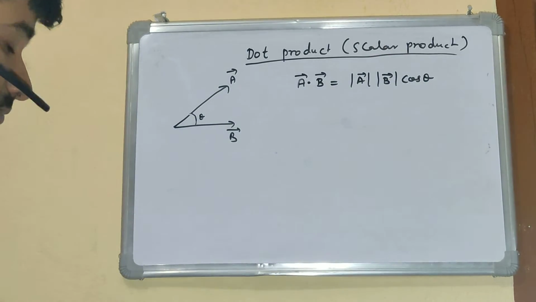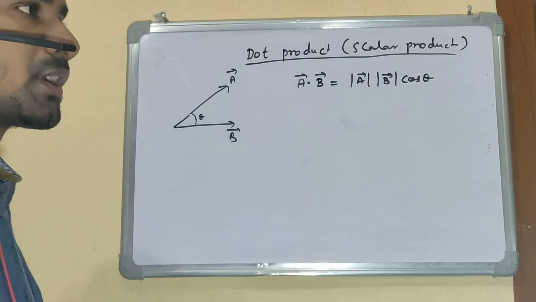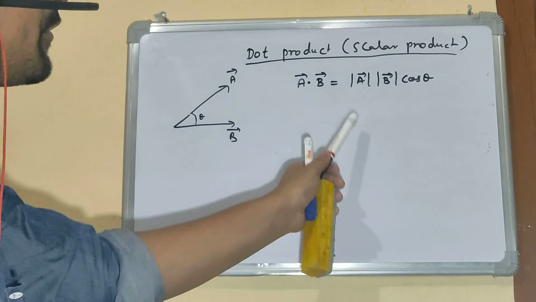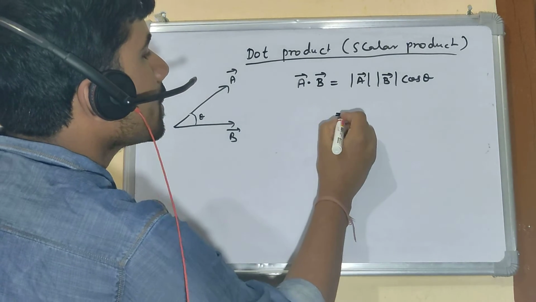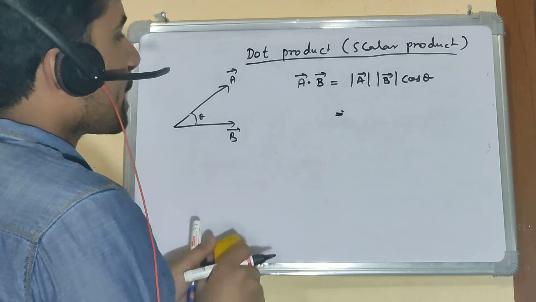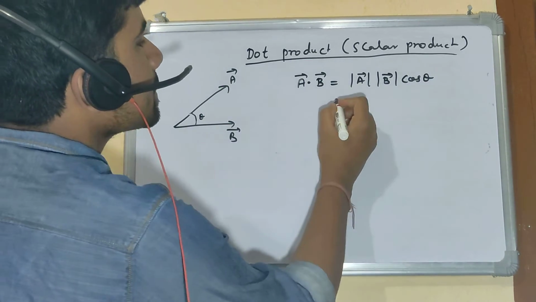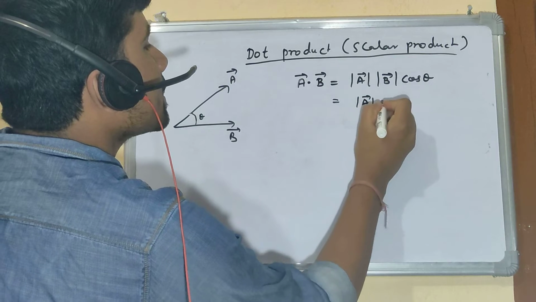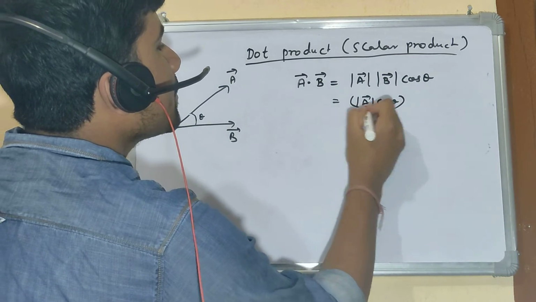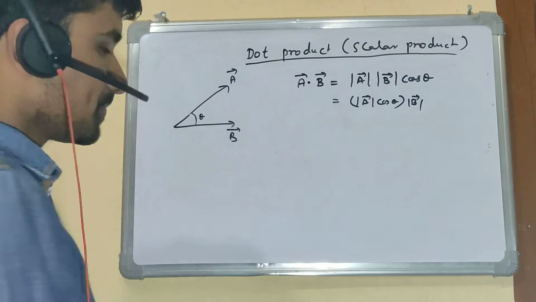Okay. But what is the meaning of dot product? Let's say if I rearrange this, this basically means A vector cos theta multiplied by B vector. Can I write it like this?